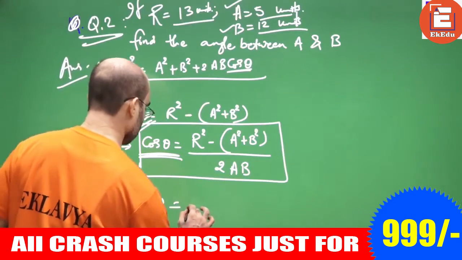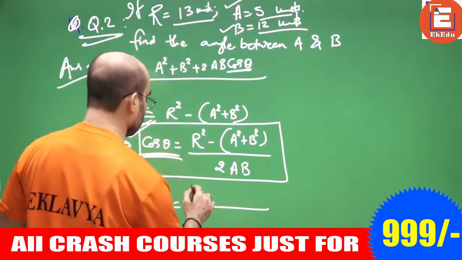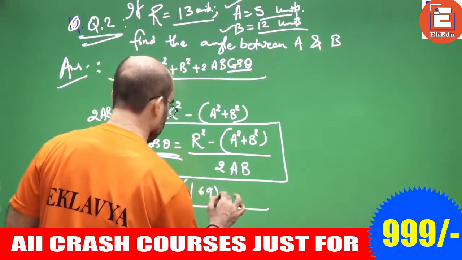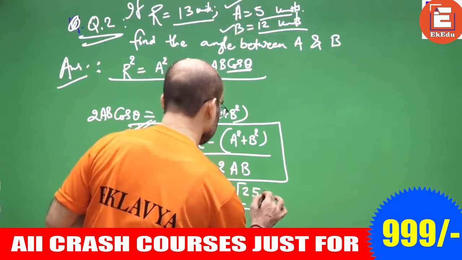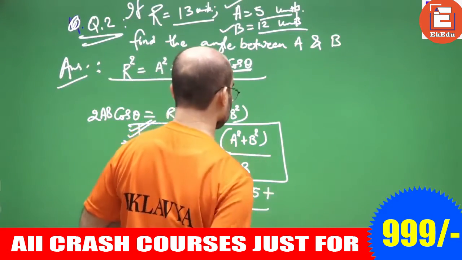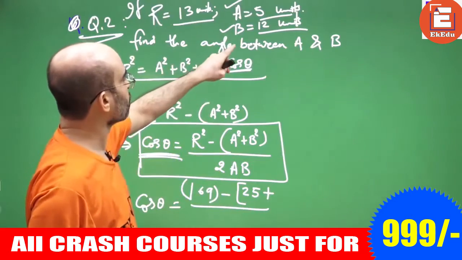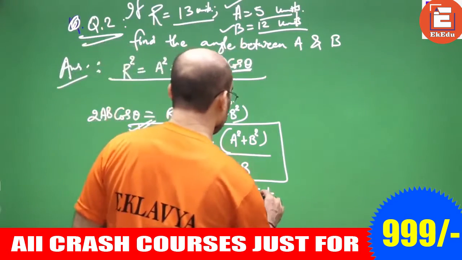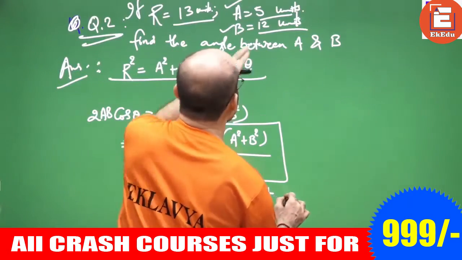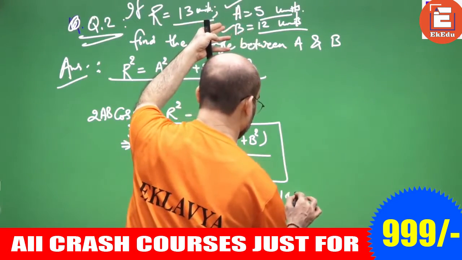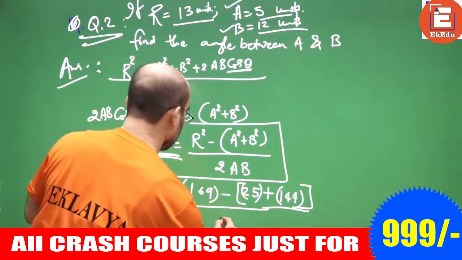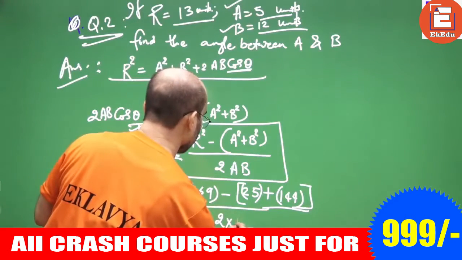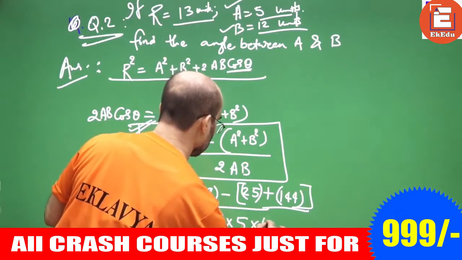Cos theta equals R square, that means 169, minus 25, plus 12 square, which means 144, divided by 2 into 5 into 12.